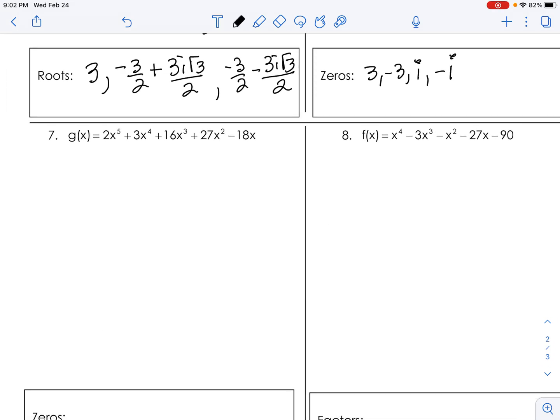Last two. Wow, these are big, long polynomials. I think I'm just going to put them into Desmos and see if I can find some zeros.